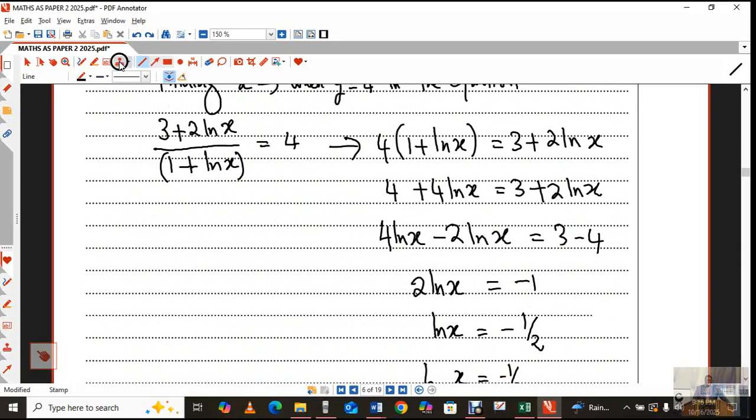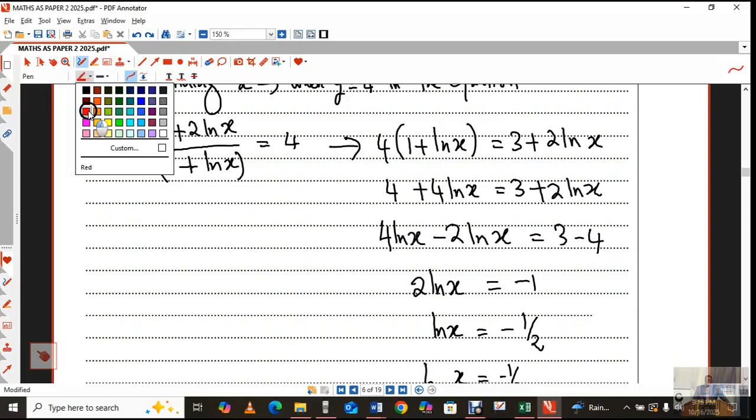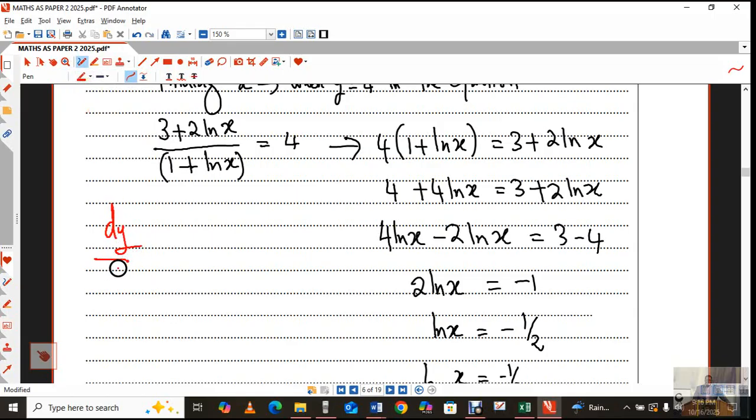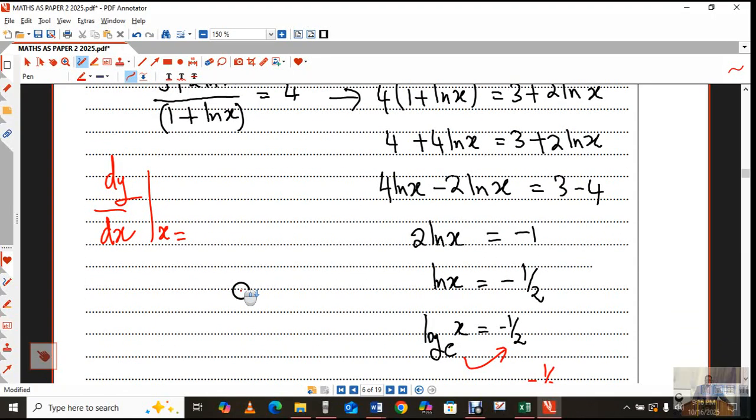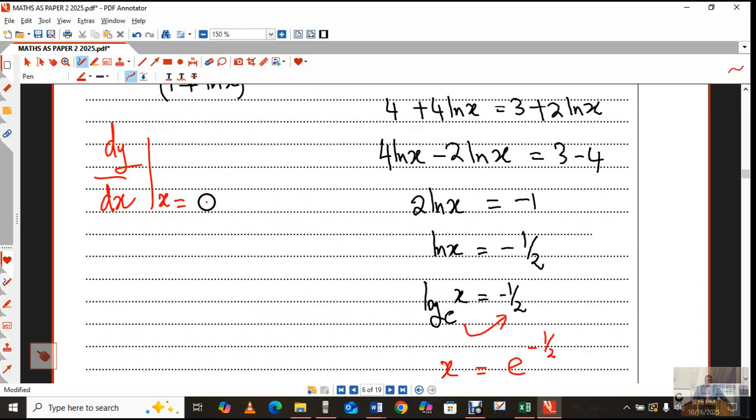So if I have to find the derivative, when I do dy dx of this function, I'm going to find what the gradient is at the point where x is equal to e raised to the -1/2 power. That is why we had to find it.